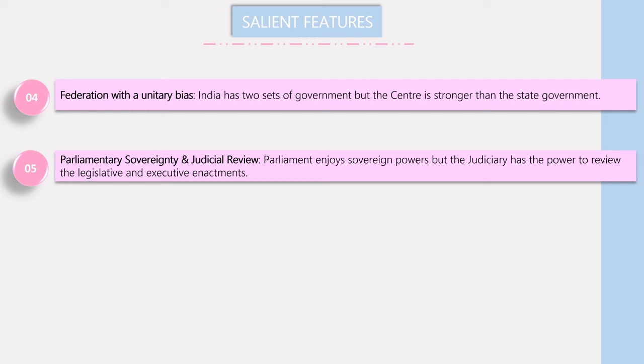The judiciary has the power to declare legislative and executive enactments as unconstitutional if they go against the basic framework of the Constitution through its power of judicial review. Parliament, on the other hand, can amend the Constitution through its constituent power.